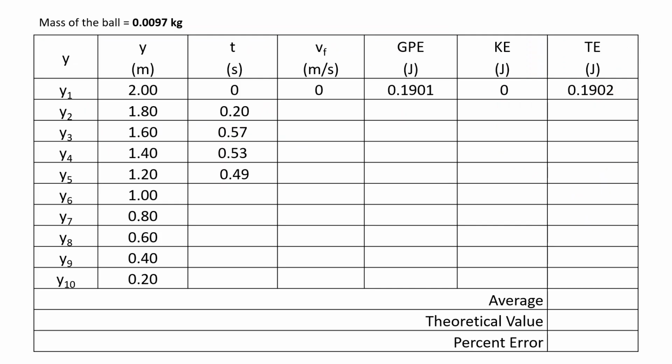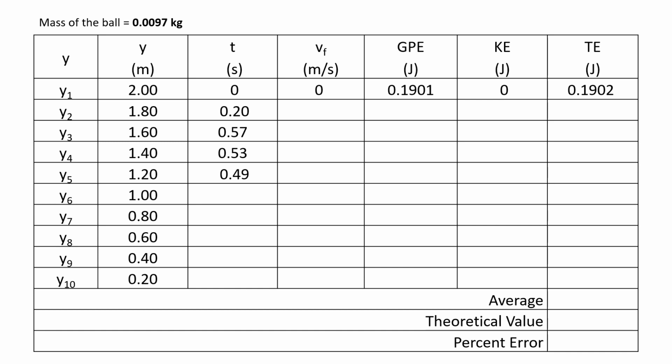For example, we have this ball, and assume the mass of the ball is 0.0097 kilograms, which is equal to 0.97 grams. We have to convert that to kilograms, since the unit for mass here should be in kilograms. Suppose the values for y start at 2 meters, which is where we drop the ball, and the time there is time 0.